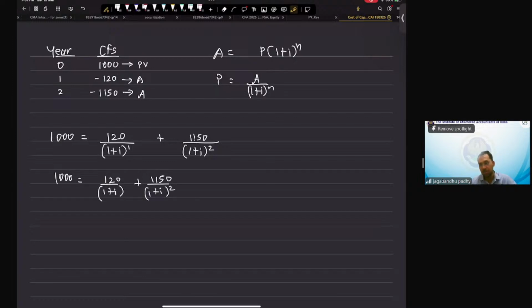Point 9433. Are we really able to solve this? Is it really easy to solve this equation? Tell me, guys. I mean, it ultimately becomes a quadratic equation, right?